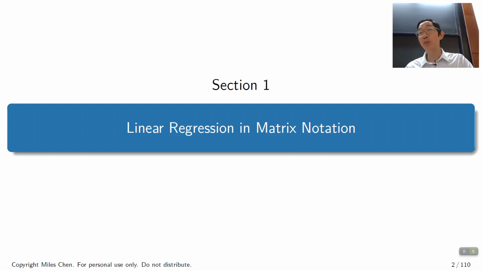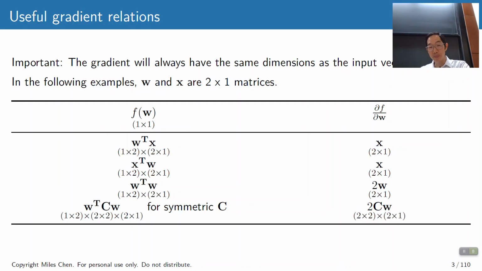Let's continue and pick up where we left off. We said we want to take a look at linear regression, and we are going to look at it in matrix notation.